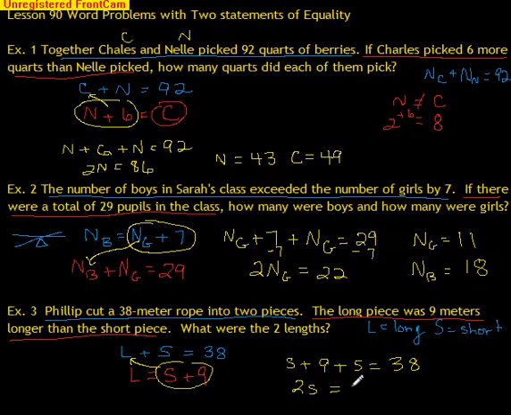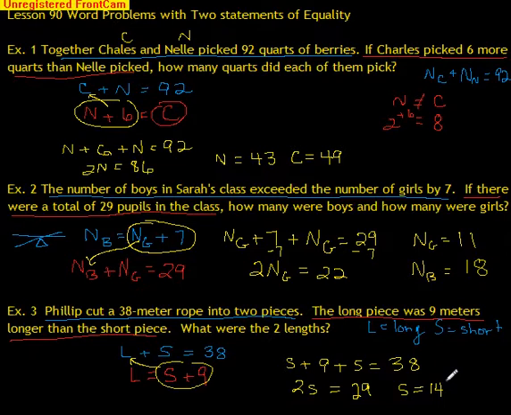So I'm going to get, it's not even, or did I make a mistake? Yep, it's uneven. So we get equals, if I subtract that, we get 29. So we get the short piece, the short piece is 14, going to divide these by 2.